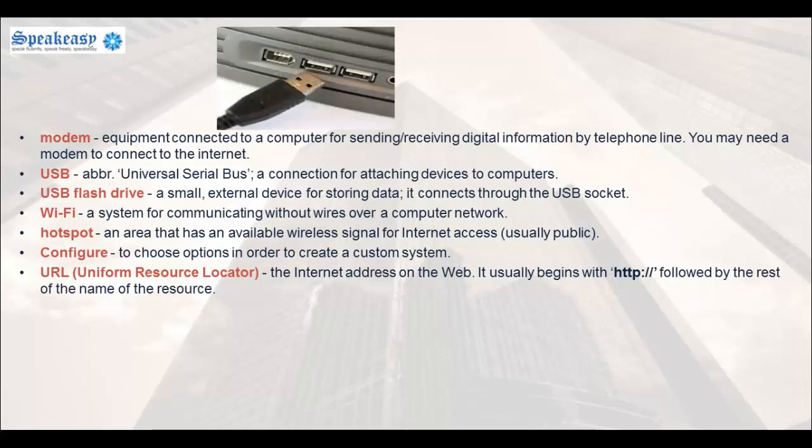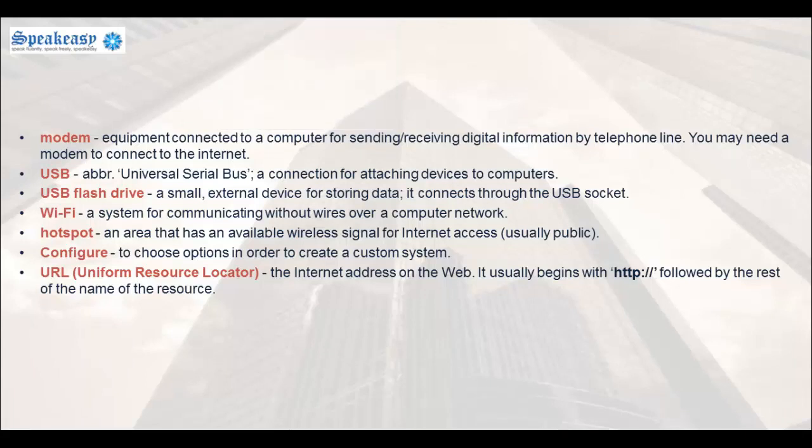USB. This is an abbreviation for Universal Serial Bus, a connection for attaching devices to computers. A USB flash drive is a small external device for storing data. It connects through the USB socket. Wi-Fi. A system for communicating without wires over a computer network. Hotspot.